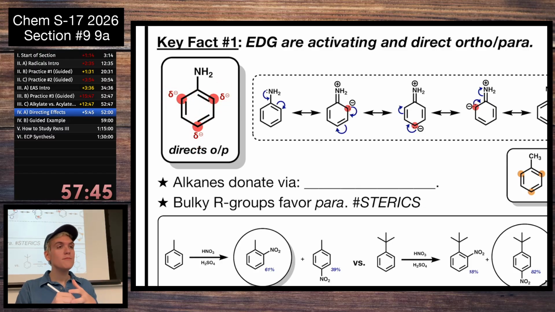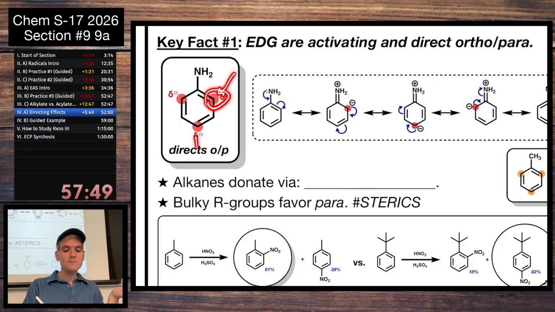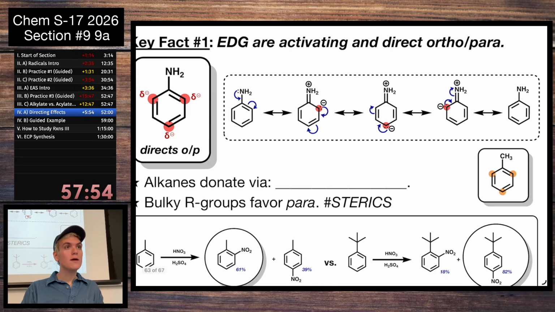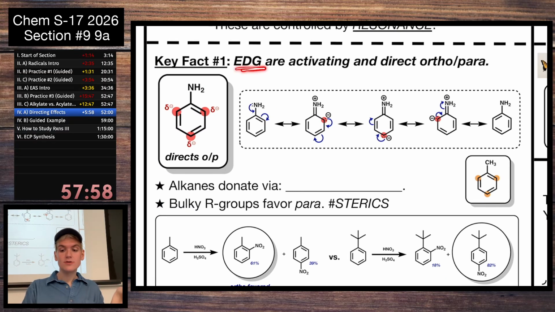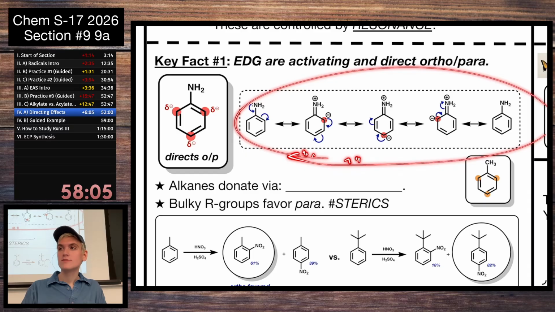So if this was to go and be a nucleophile, we would most likely add our electrophile at these positions. And these positions happen to be ortho and para relative to our R group. So we say electron donating groups are ortho-para directors. This resonance, you should get comfortable with writing several times, just because you want to be comfortable with pushing electrons around a whole benzene.